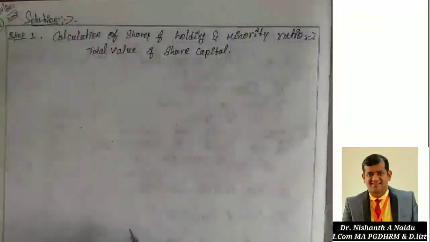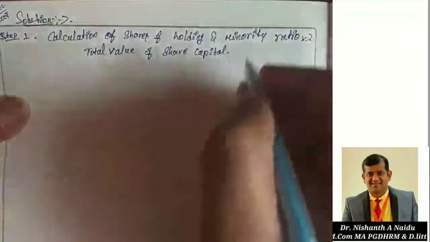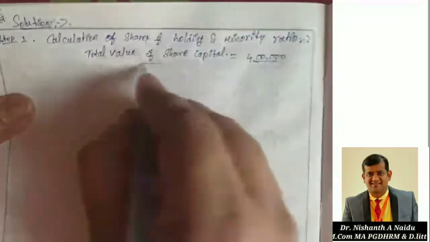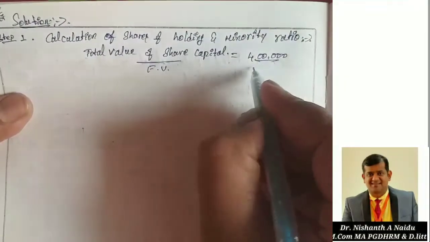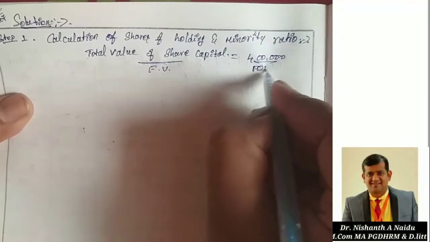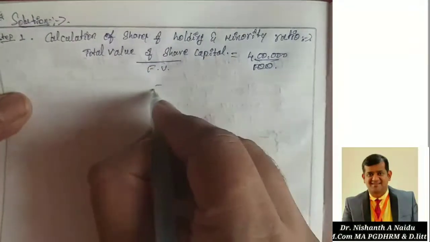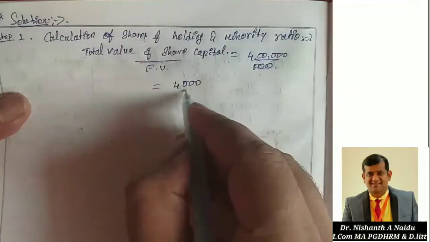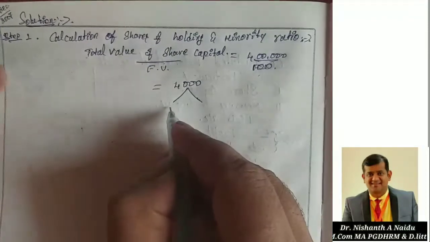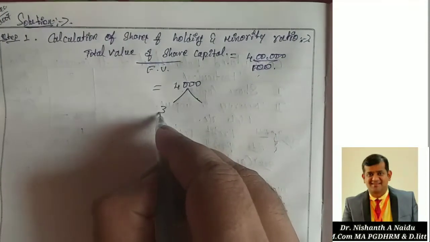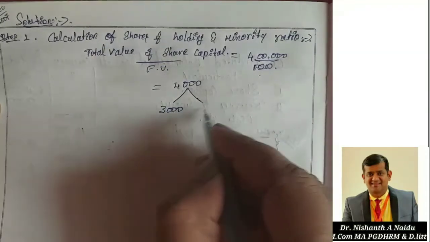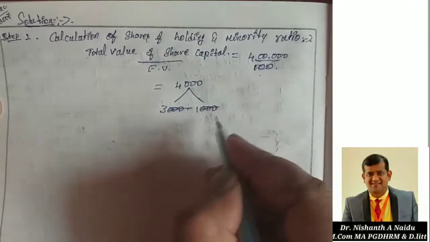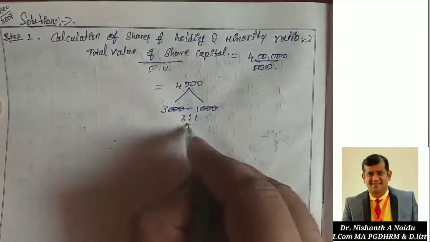Cancel the common 000, so the ratio is 3:1.